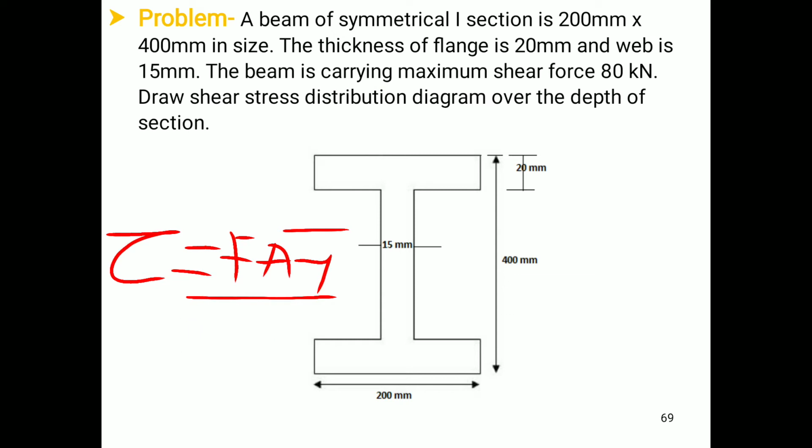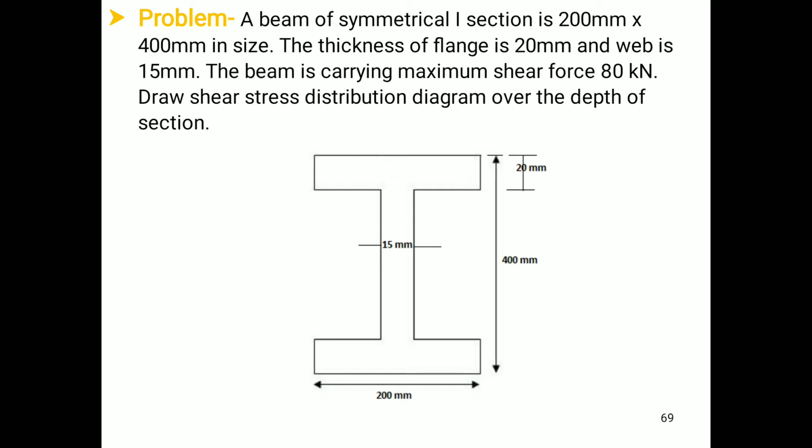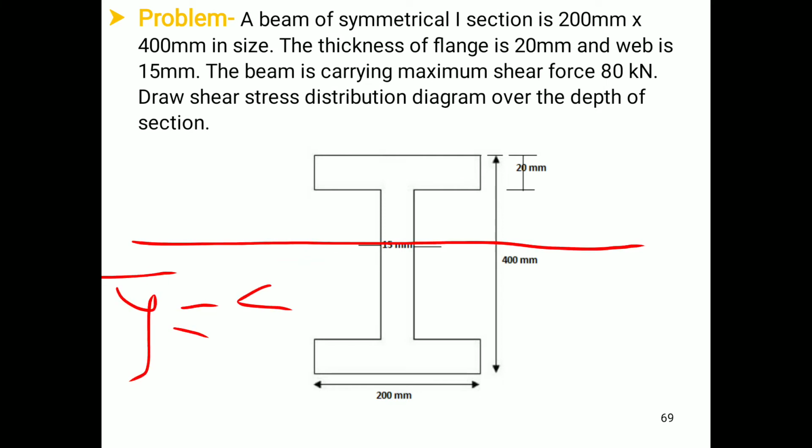Therefore we have, as the beam is symmetrical about x-axis, y bar is equal to total depth divided by 2. That is, y bar will be total depth, it is 400 divided by 2, it will give you the value of y bar, because we have the shear stress formula tau is equal to F A y bar upon I B. The value of shear force is already given in the numerical.